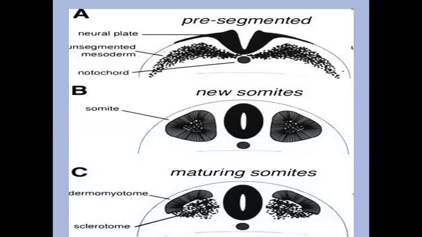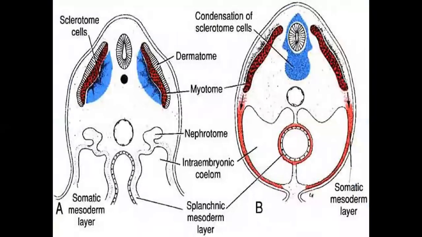What are somites? The somites are cuboid structures, and initially they are scattered, then they arrange themselves, and thus it consists of three parts. The outer one forms the dermal layer of the skin, so that is called the dermatome.